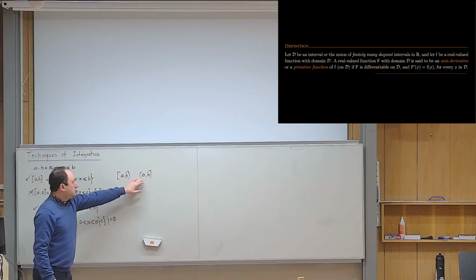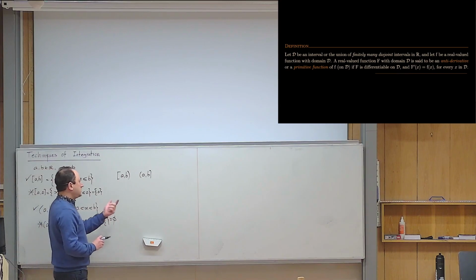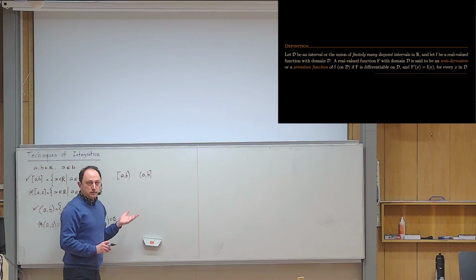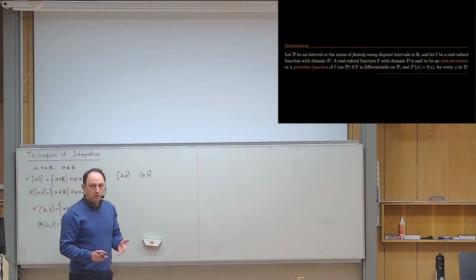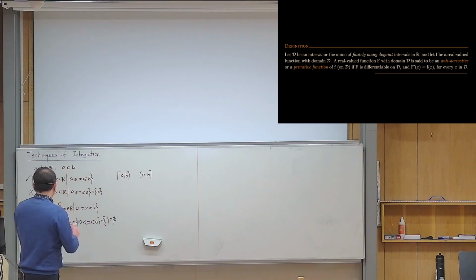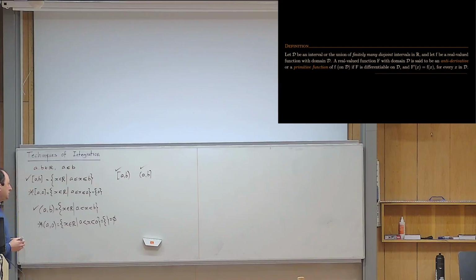So these four intervals that I have written here come under the title of bounded intervals. Bounded means that you can find a number which is greater than all elements of that interval. You can also find a number which is smaller than all elements of the interval. So this is also included in my discussion. That is also included in my discussion.